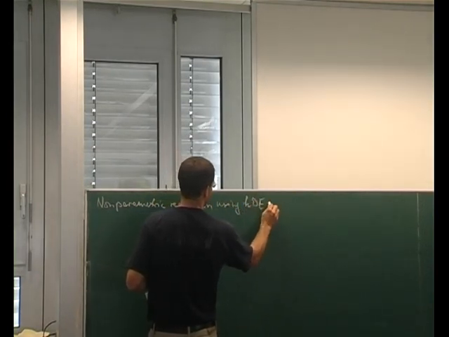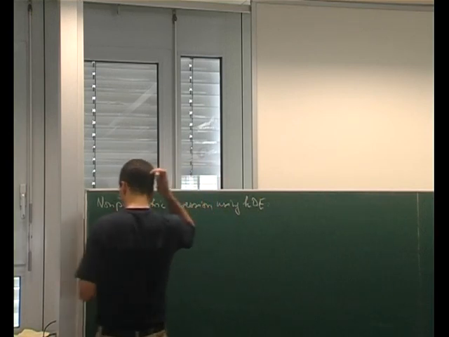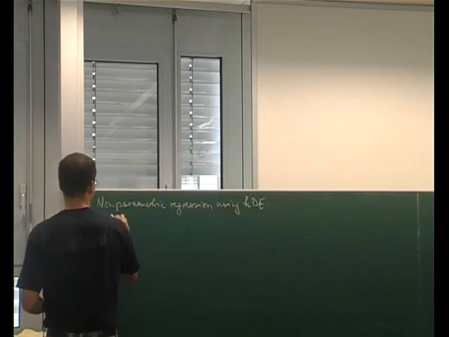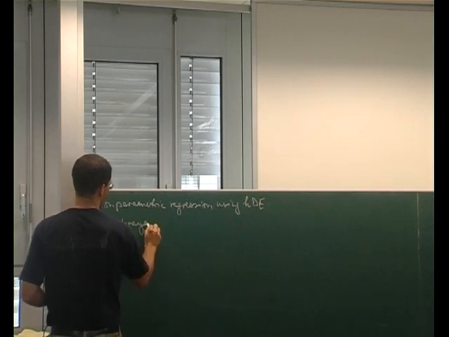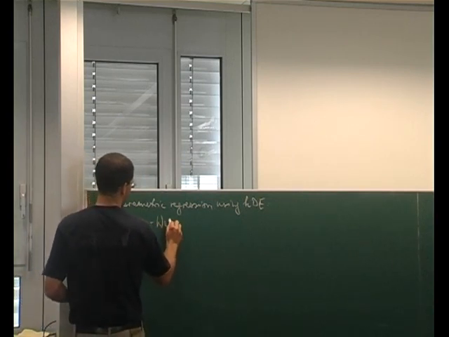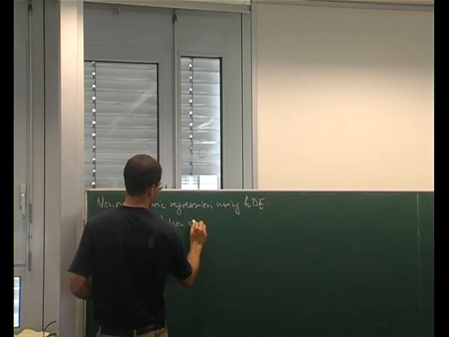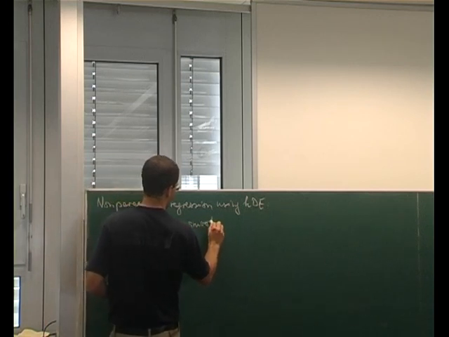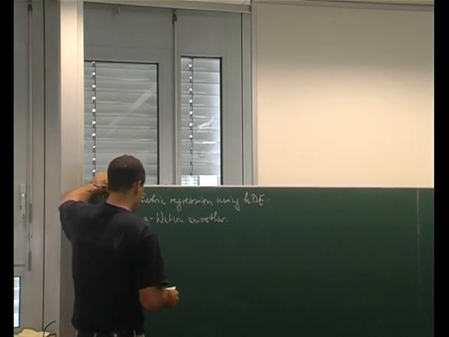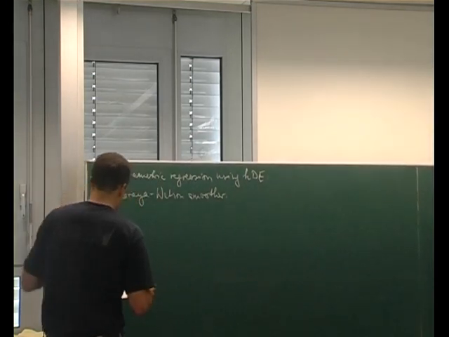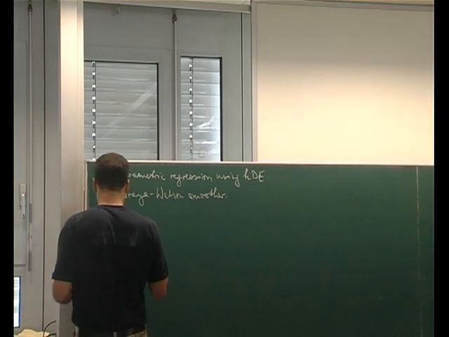So nonparametric regression using kernel density estimates, in particular the Nadaraya-Watson smoother, which works as follows.